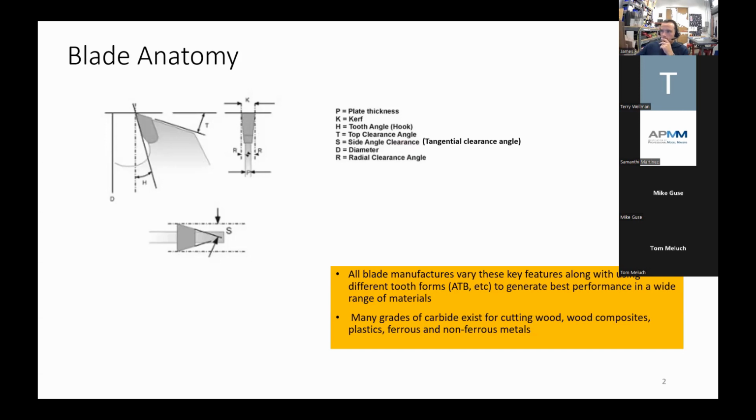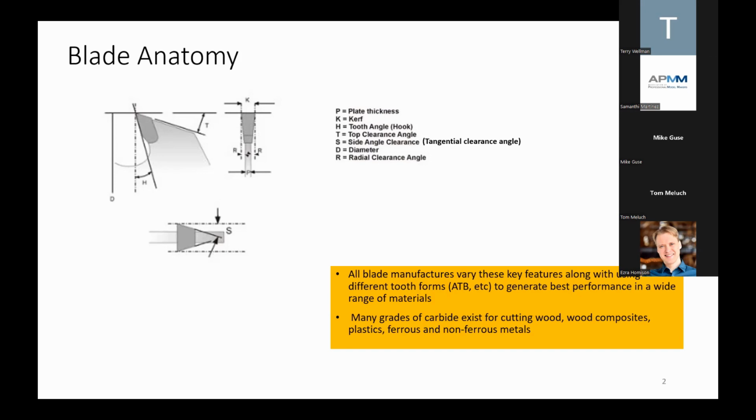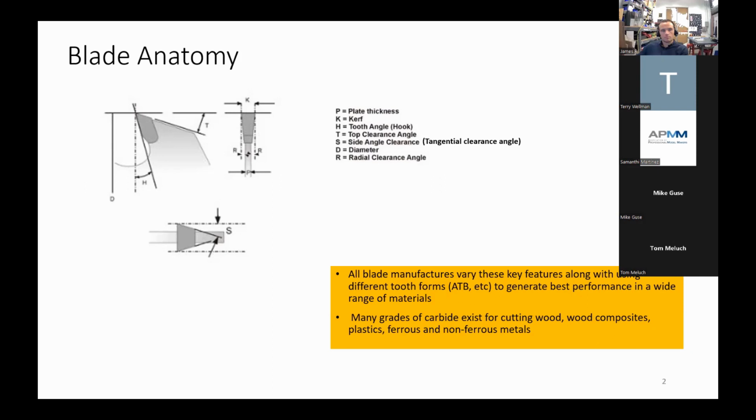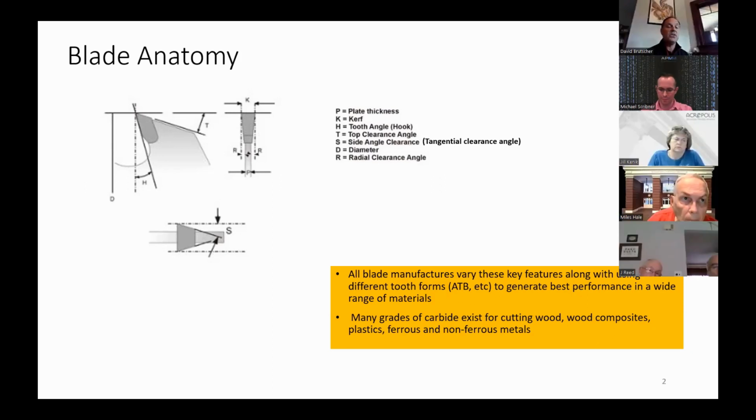Then we have the side clearance angle, and actually there are 2 forms of this. There's a tangential clearance, which is the clearance of the tooth from front to back, and then the radial clearance, which is the clearance of the tooth from the top of the tooth to the bottom.